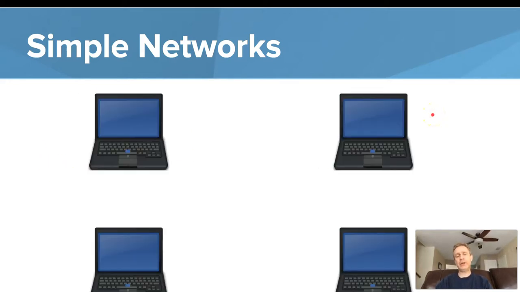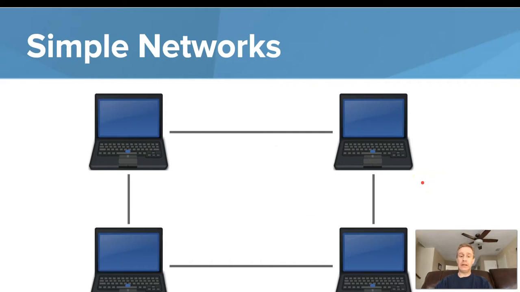If we increase the number of computers in our network, here's an example of just 4 computers. The question may be, how can we make the connection between all 4 of these computers? One way may be to literally connect each computer to every other computer.